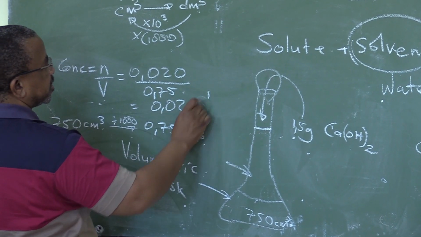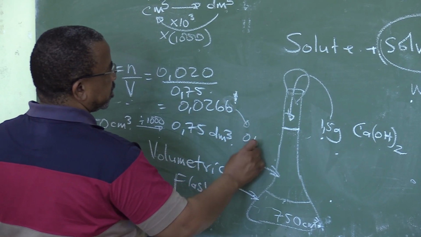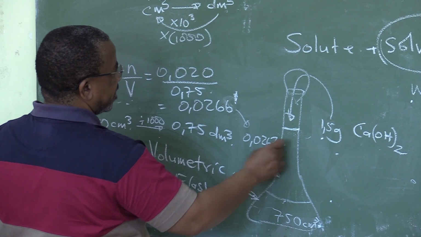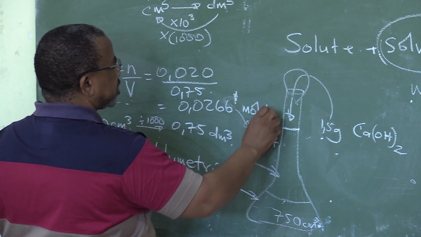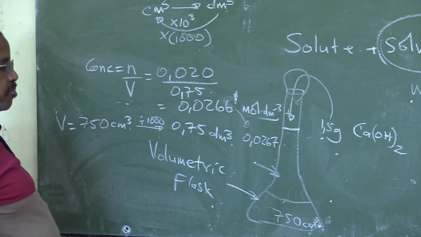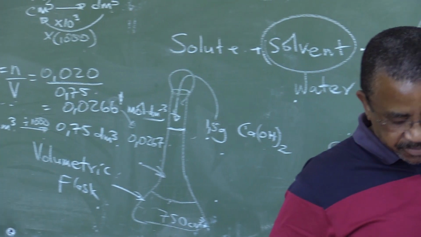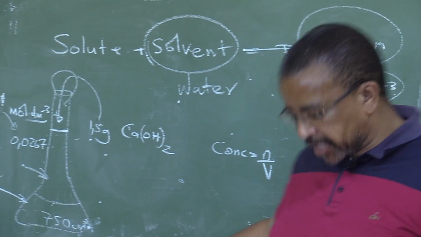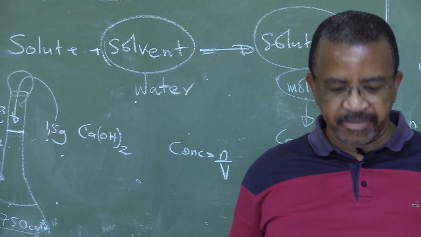The concentration is 0.0267 mole per decimeter cubed, that is mole per cubic decimeter. That is the concentration. So we already have our solution and its concentration.